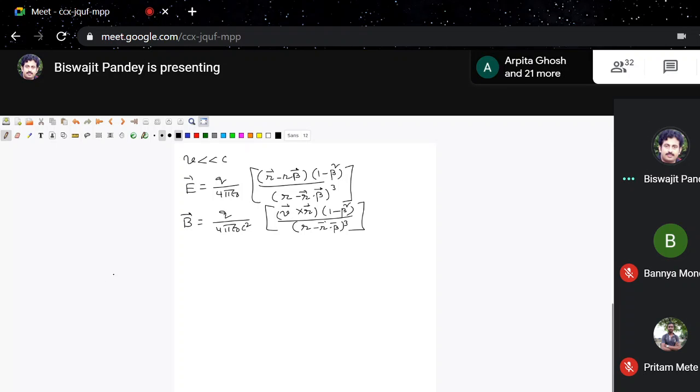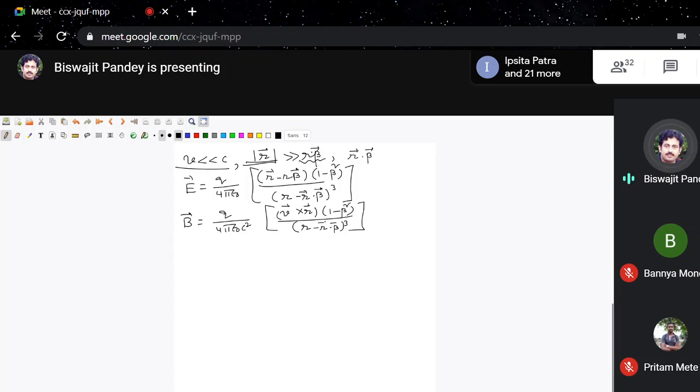Now, if v is much less than c, then the magnitude of r will be much greater than r beta. R dot beta is a scalar, so the magnitude of r will be greater than r dot beta as well.